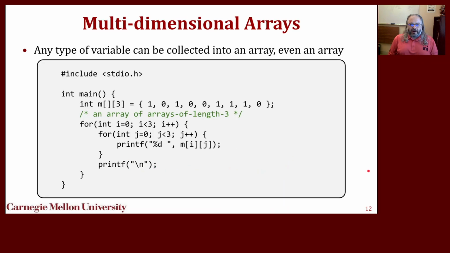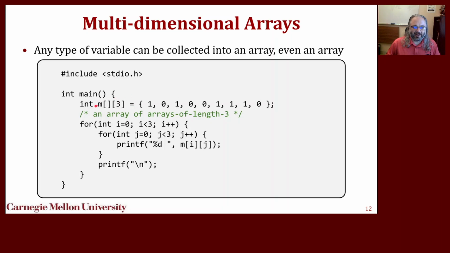Now we can do more interesting things. Any type of variable can be turned into an array, which means an array can be turned into an array. So this is another example. I have a list of numbers, 101, 001, 110, and I'm telling the system to create an array of length 3 of integer arrays, an integer array of arrays of length 3.